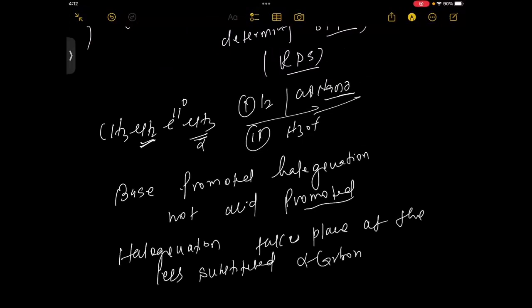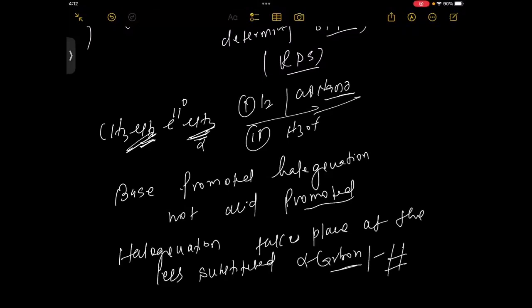Understood? So that's the reason, students. The reason is that the OH minus will attack the less substituted, less hindered position. This position is more hindered. It is less hindered. So the base will attack on the less hindered positions like methyl groups. So I hope you understood the iodoform reaction or chloroform or fluoroform reactions.